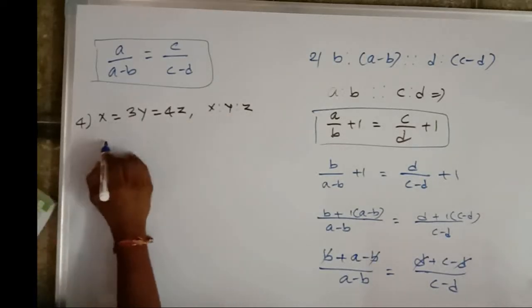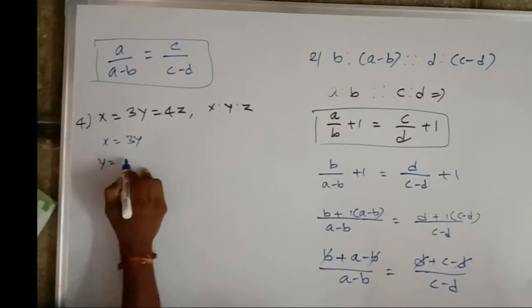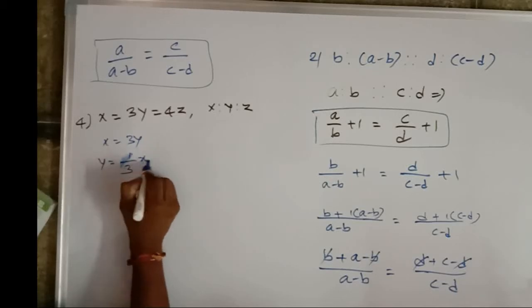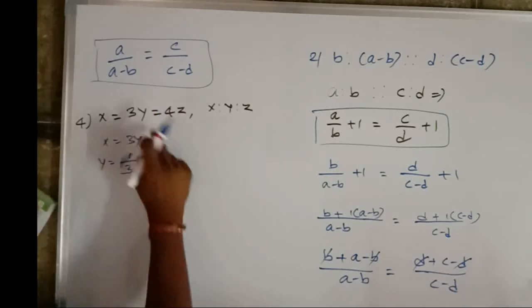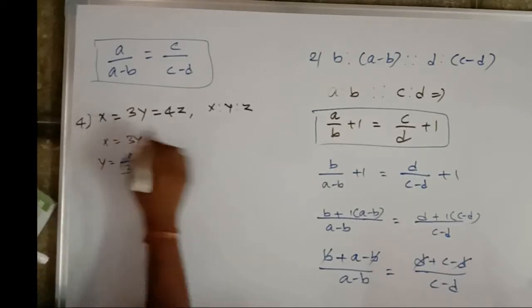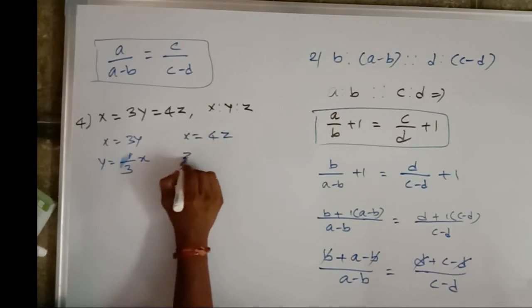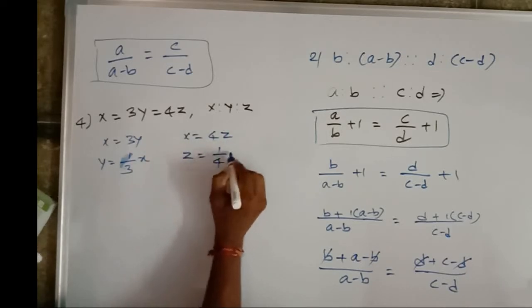Now here x is equal to 3y. Then what about y? y is equal to 1 by 3 x. Then what about z? In the same way, x is equal to 4z, then z is equal to 1 by 4 x.